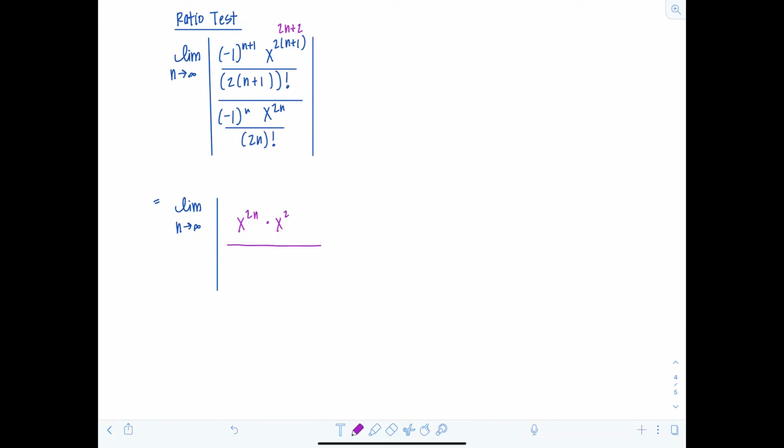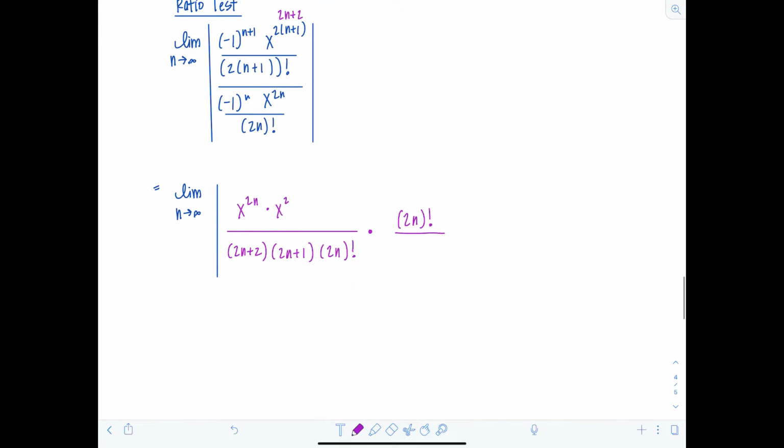And then similarly, I have 2n plus 2 factorial. So that means I have 2n plus 2 times 2n plus 1. And then I'm going to leave it as 2n factorial because I know I have a 2n factorial sitting on the other side of the expression. And then times, that 2n factorial now is going to flip up to the numerator here. And then I have x to the 2n in the denominator still.